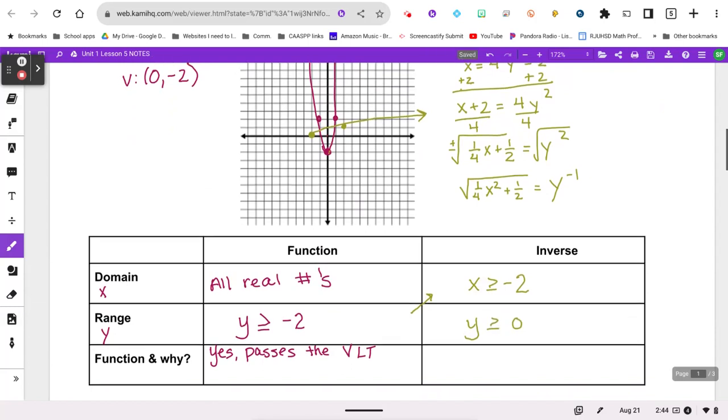And because we are restricting, it will be a function, but we have to write we restricted it, yes, because we restricted the range, so the y values. Okay, we restricted the range.